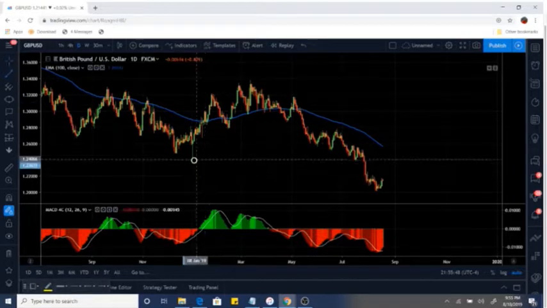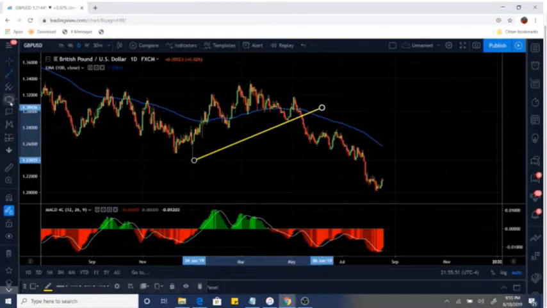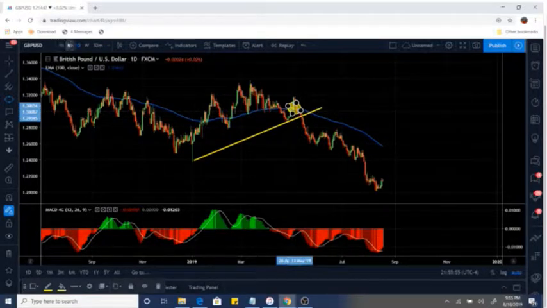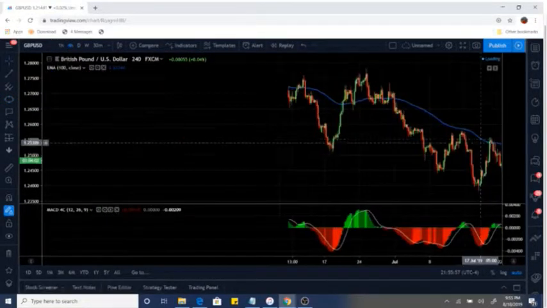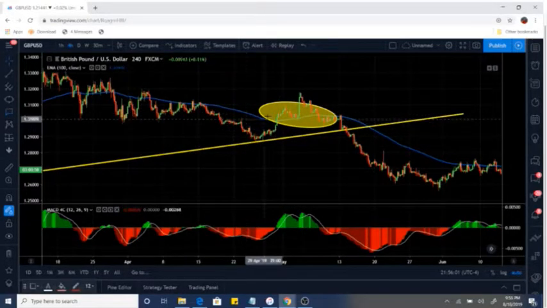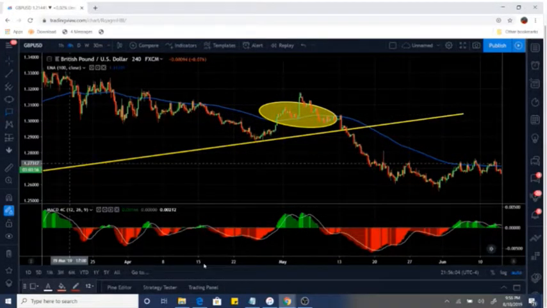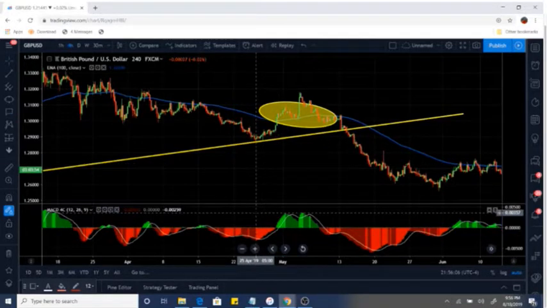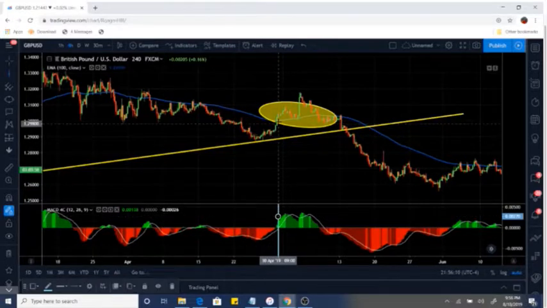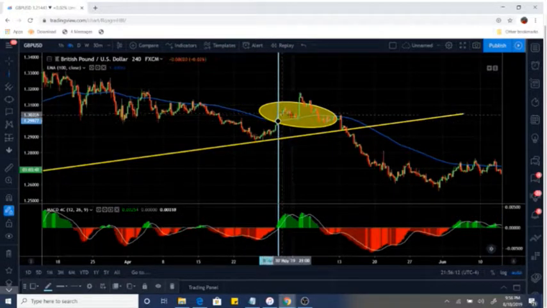You see right here, for example, this part on the daily. So if I go on the 4 hour, what's the difference? Price broke out. I got a MACD crossover here. Let me put the line. So MACD crossover, okay, I buy.